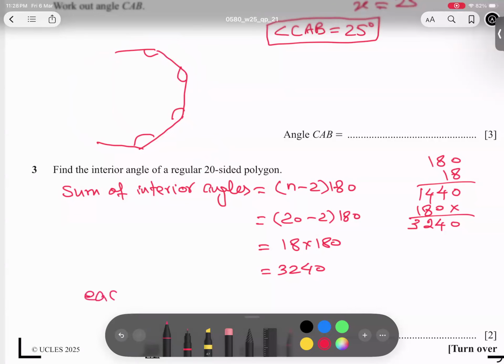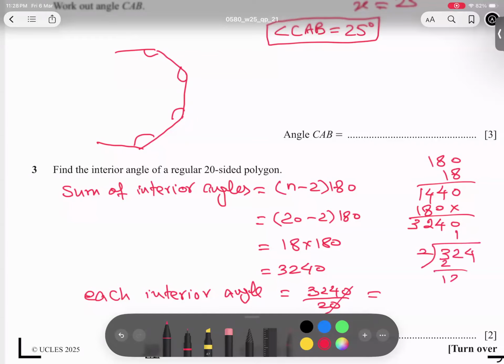So each interior angle is 3240 divided by 20. The zeros cancel out, and 324 divided by 2: 2 ones are 2, 1 carries 6, 2 sixes are 12, 4 left, and 2 twos are 4.